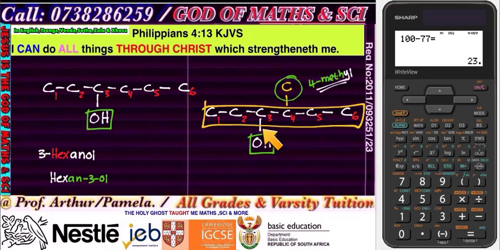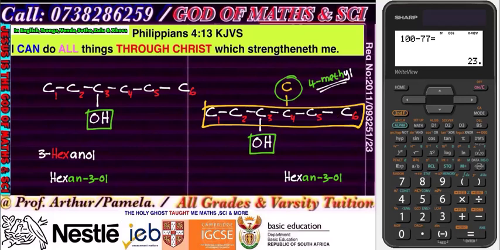All right. So the longest chain is the one that possesses the alcohol, the one that we had there. So let me copy it and put it next to that one. All we need to do is attach the branch.